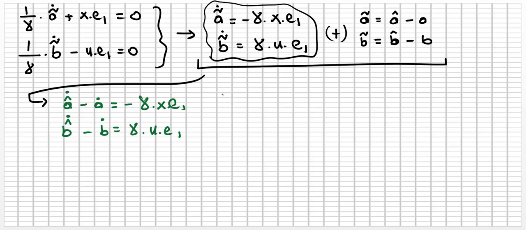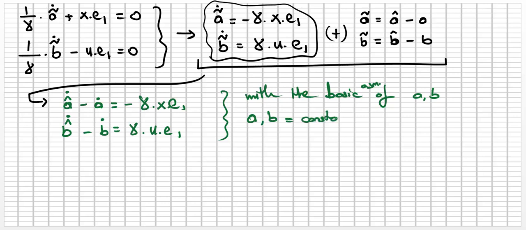And so with the basic assumption of a and b, we should say that a and b should be constant here, okay? Or slowly change in time.